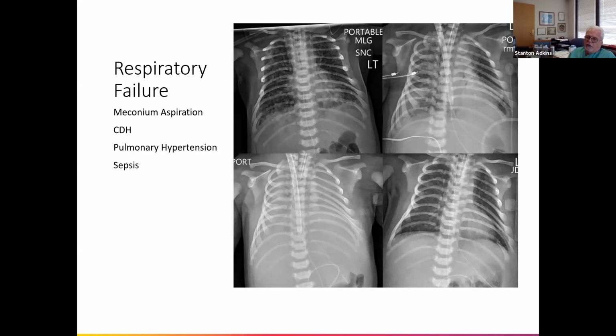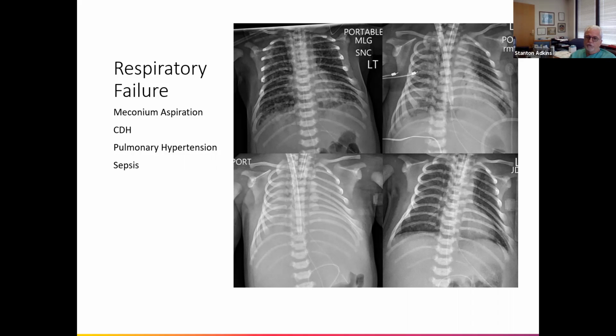Kids who are septic are likely going to need VA ECMO because their hearts just aren't going to be able to continue to support everything. So the vast majority of the kids that we put on these days are going to be VA.